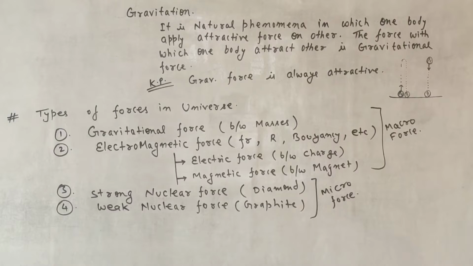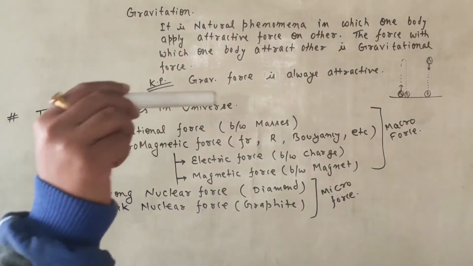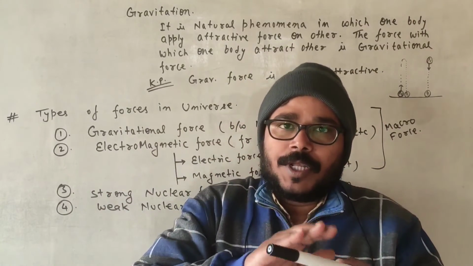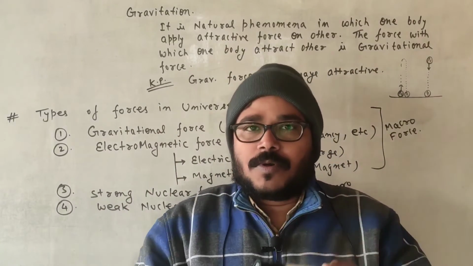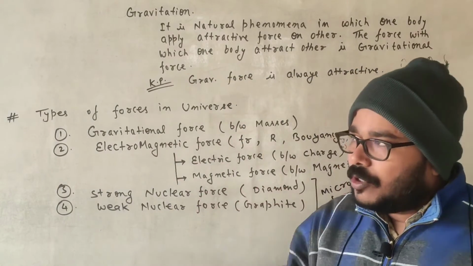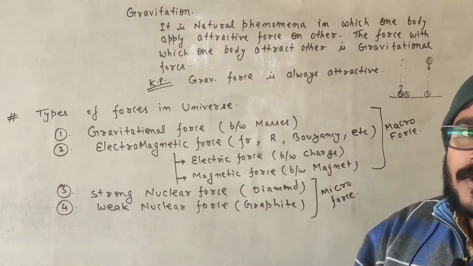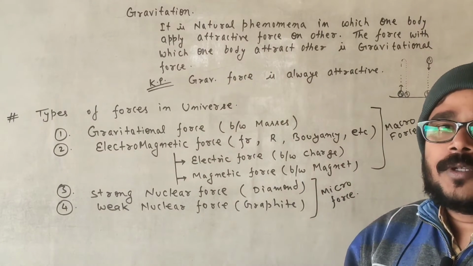Now you understand the gravitational force. Now the question is, how much gravitational force is there? When we drop this pen, how much gravitational force is acting on it with which it goes downward? When we throw this pen, how much gravitational force is acting on it which is responsible to take it again to the surface?